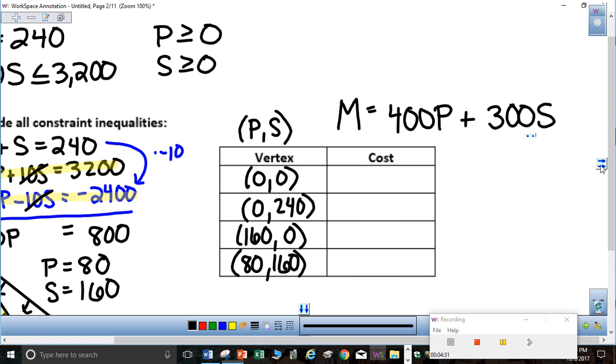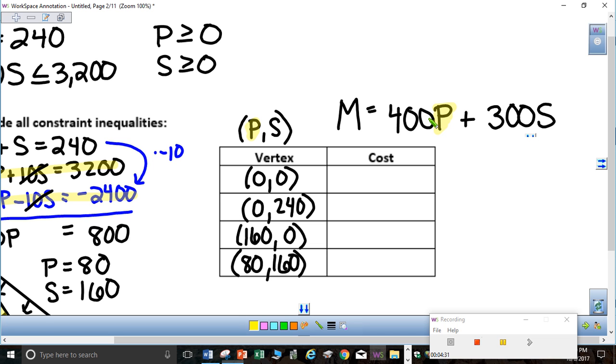Okay, now our final step, we're going to plug these combinations into our objective function. So here's what I want you to be really careful of. You want to make sure that the first variable that you're listing in your points corresponds with the first variable that's in your objective equation, so that you can think, okay, the first number is going to go in the first spot, the second number goes in the second spot.